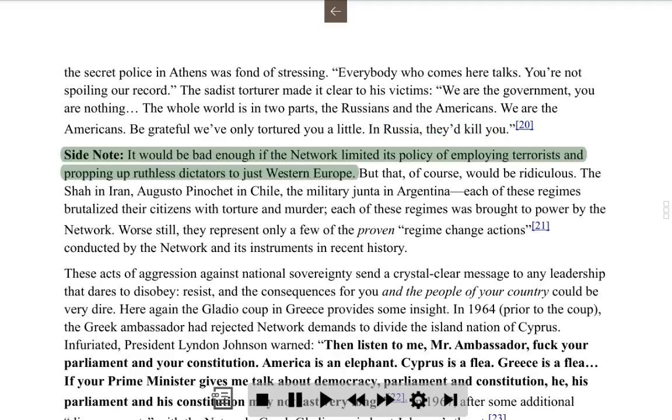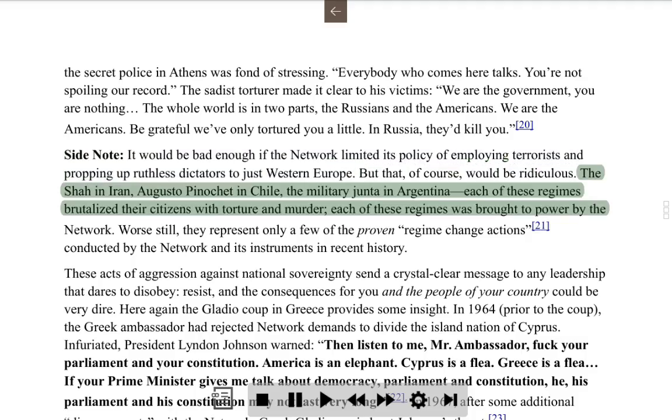20. Side note: it would be bad enough if the network limited its policy of employing terrorists and propping up ruthless dictators to just Western Europe. But that, of course, would be ridiculous. The Shah in Iran, Augusto Pinochet in Chile, the military junta in Argentina, each of these regimes brutalized their citizens with torture and murder.